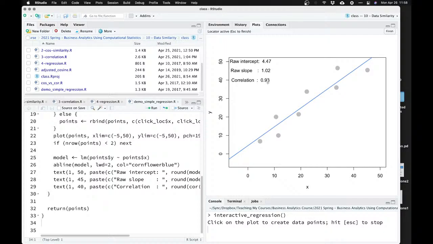The intercept is where this line crosses zero on the x-axis, so where on the y-axis? Zero on the x-axis is here, so it's crossing at about 4.47 on the y-axis. That's the intercept, okay? It gives you the intercept, it gives you the slope, and it gives you the correlation of x versus y.